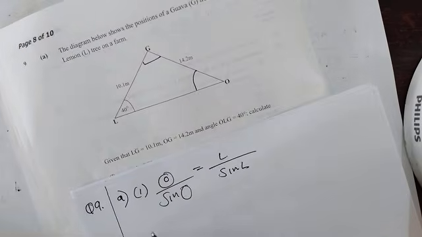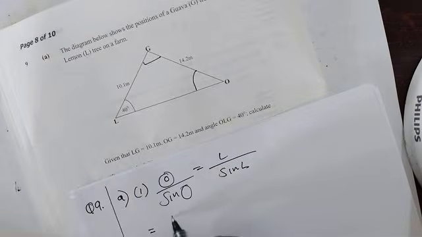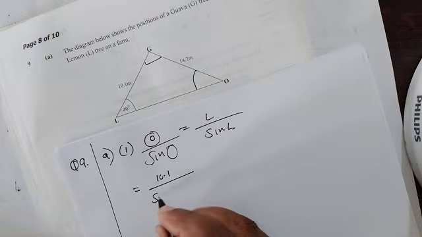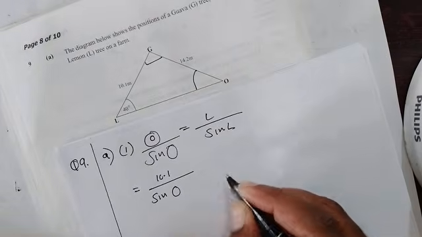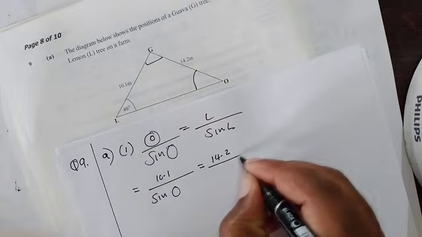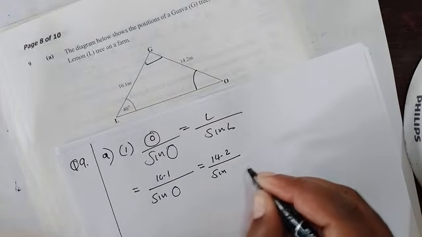So what is our o? 10.1 over sine O is equal to, our l is 14.2 over sine 40 degrees.